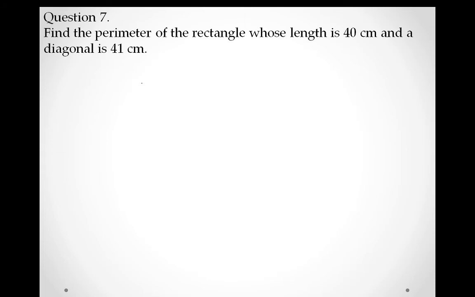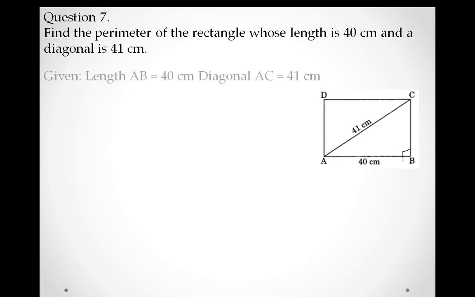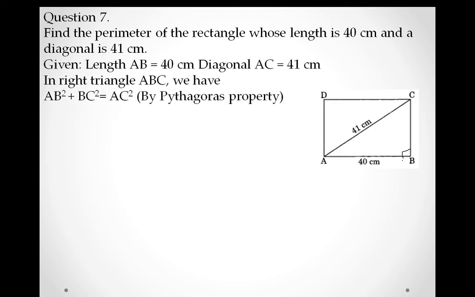Find the perimeter of the rectangle whose length is 40 cm and the diagonal is 41 cm. So this is a rectangle, the length is 40 and the diagonal is 41. As we know the properties of a rectangle, every angle is a right angle. So length AB is equal to 40 cm and the diagonal AC is equal to 41 cm.